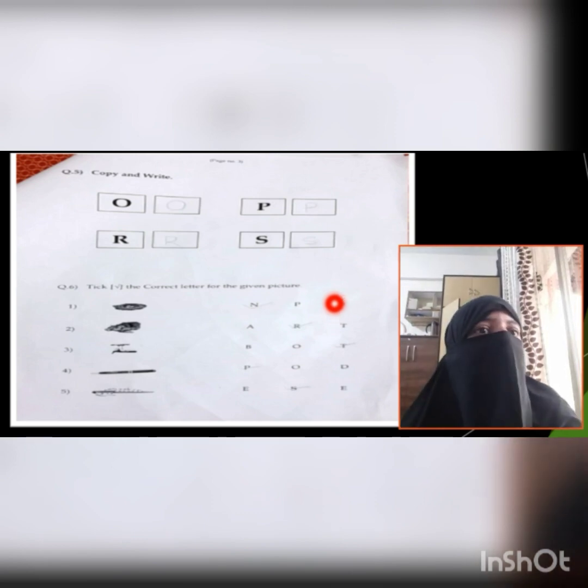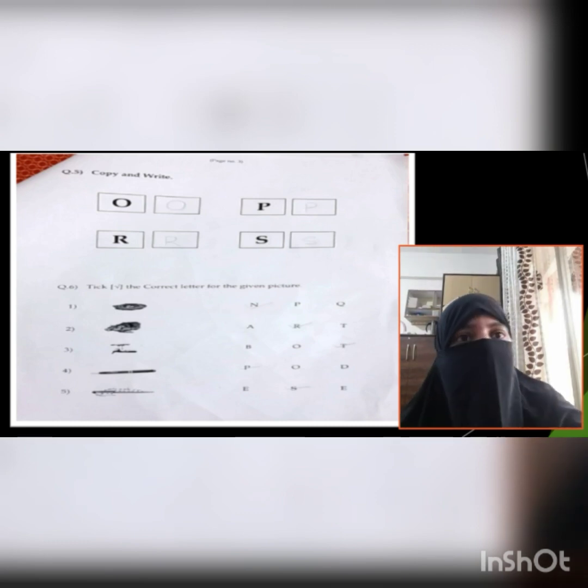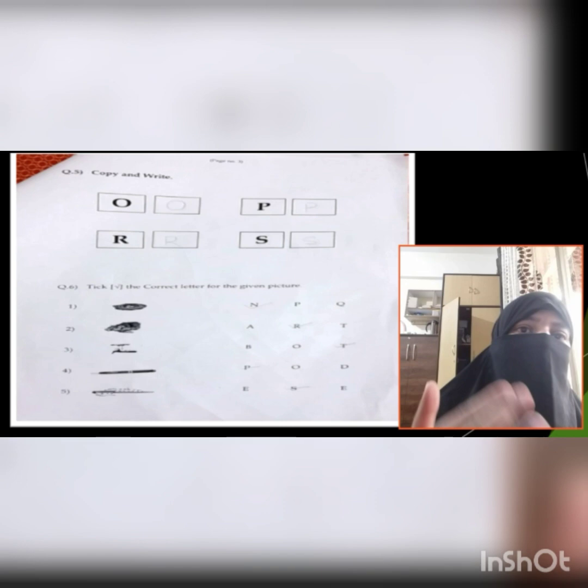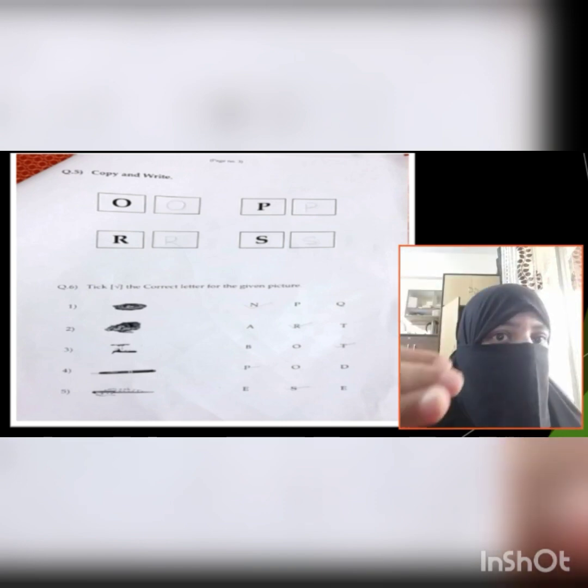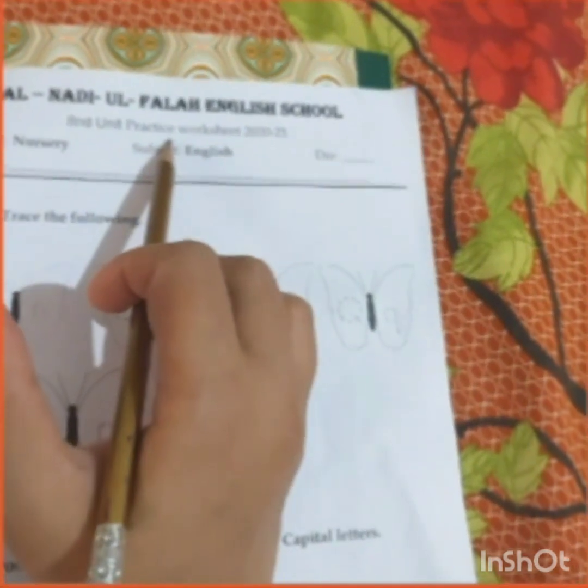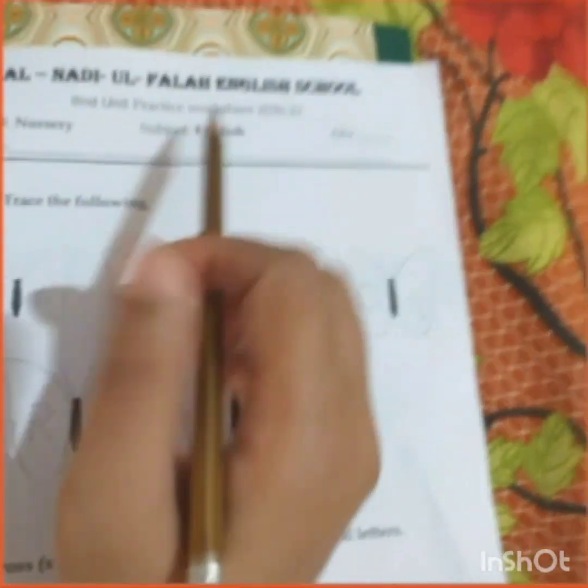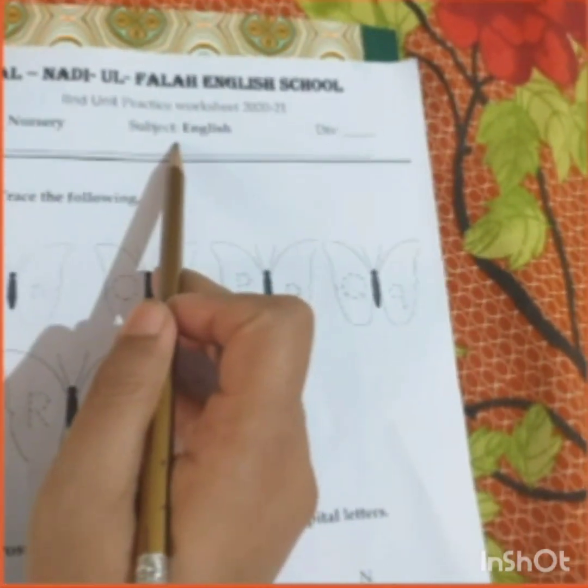N sound, which comes from letter N. In this way, you have to see the pictures and tick it. This is a second unit test practice worksheet of subject English.